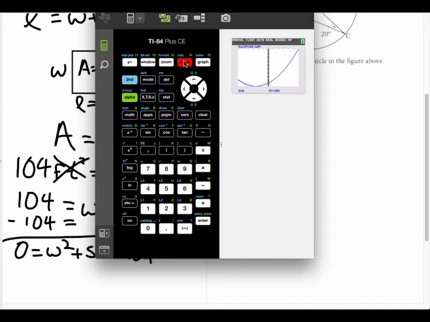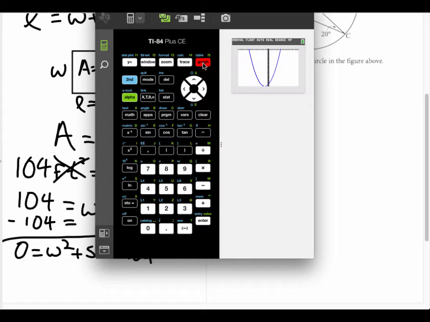Yeah, y equals negative 104. So to set up my window, I'm going to go from negative 20 to positive 20, then my x min about negative 110, and my x max about 2, which lets me zoom in on it.